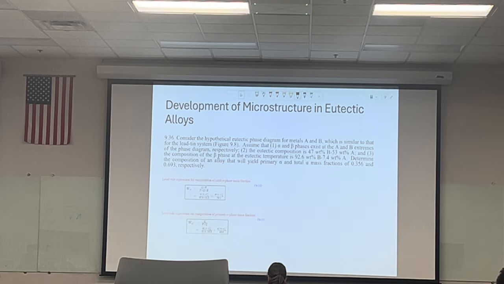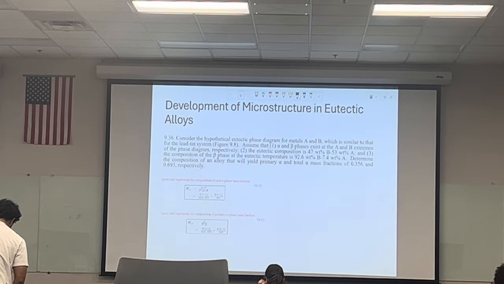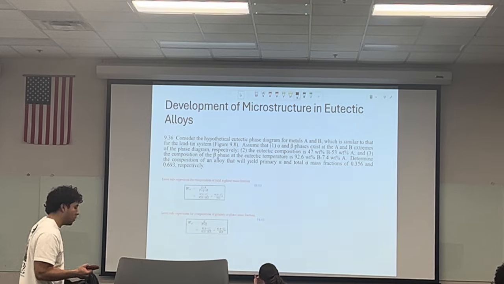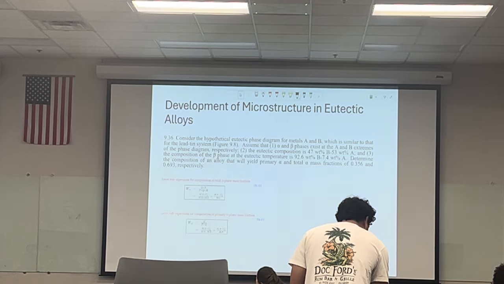And then the bottom one is basically the same thing, but it's for computation of the primary alpha phase mass fraction. So one's for alpha prime, one's for alpha, but I'll explain what those are.